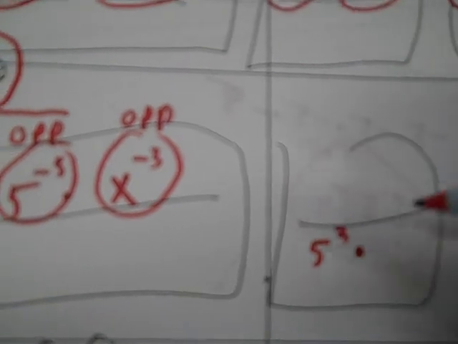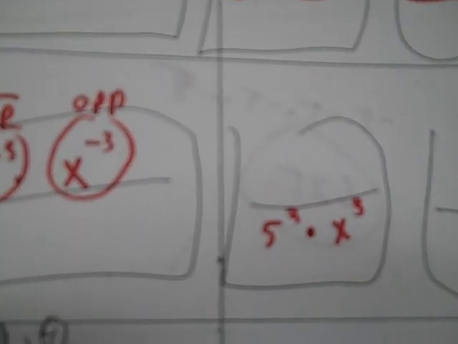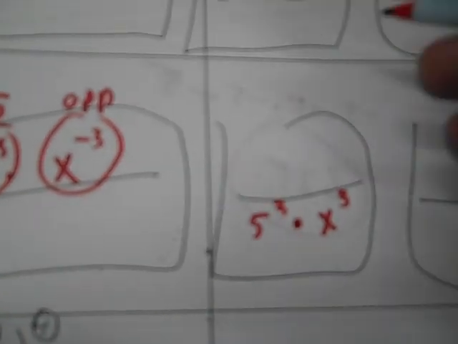Then the x, the opposite of the top is the bottom, and the negative 3 switches to its opposite, which is positive 3. Now, remember, anytime the top ends up being empty, we need to put a factor there, and the factor is just 1. So I carry the 1 over.